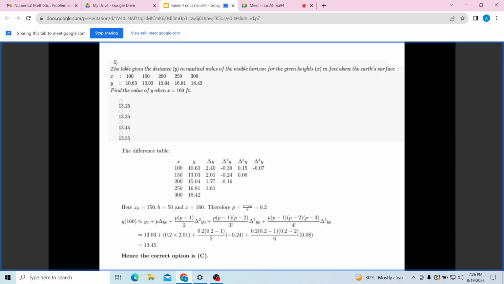Just check your calculations. I think you are making calculation mistakes. Values don't take from here. It's wrong.